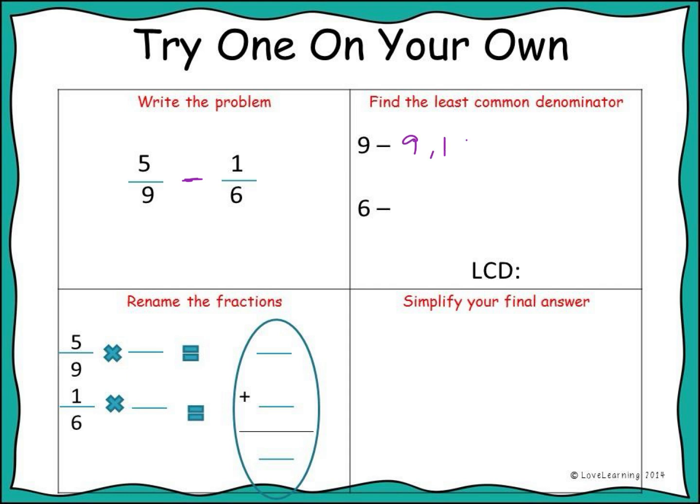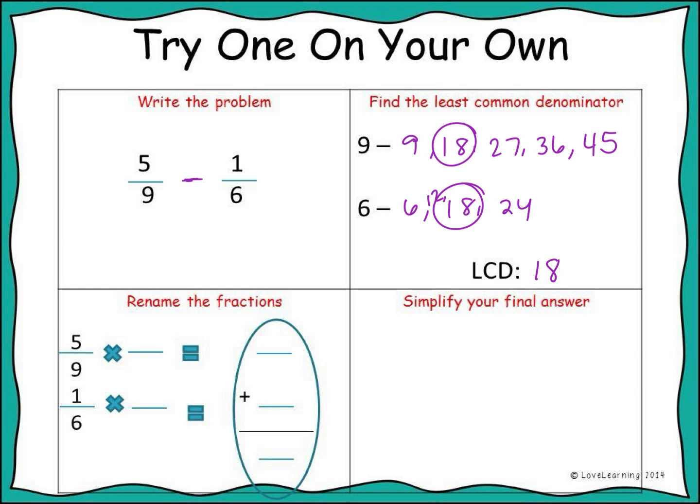Yes, 9, 18, 27, 36, 45, and then we can start listing for 6, 18, 24. I can stop there because I already have my least common denominator, which is 18. Oh, sorry, 12. I was thinking of, I was trying to get to 18. I did skip 12, sorry.